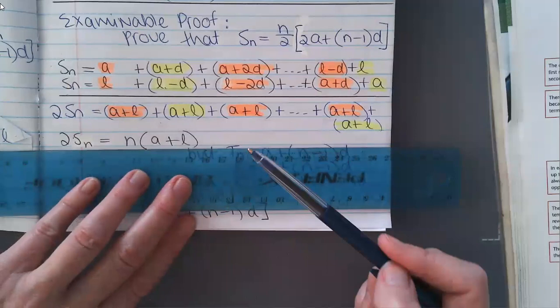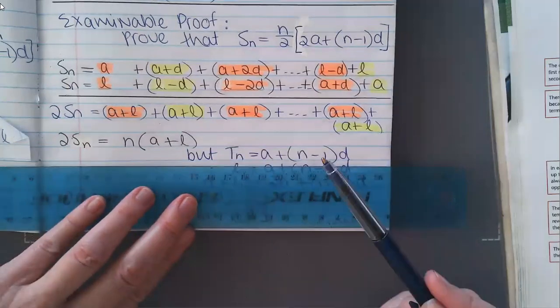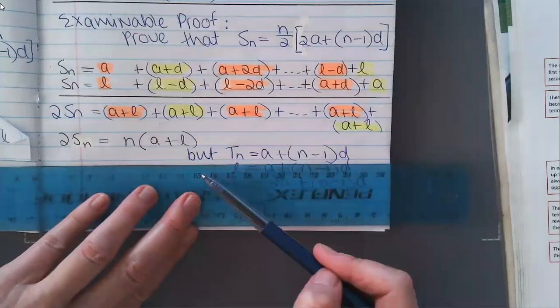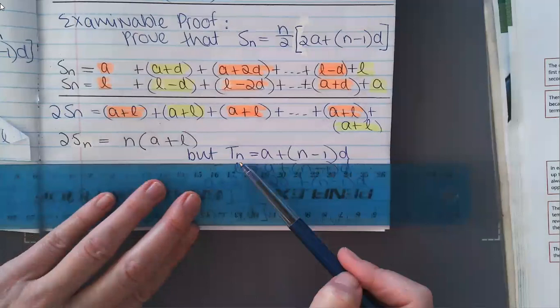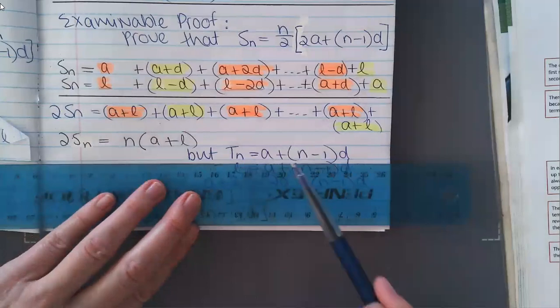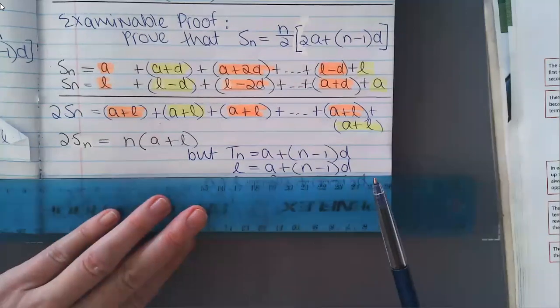Then we say, but Tn, the general term of an arithmetic sequence, is Tn equals A plus N minus 1D. Okay?